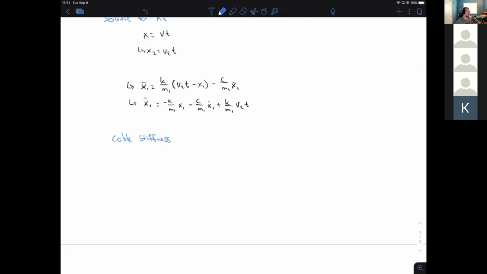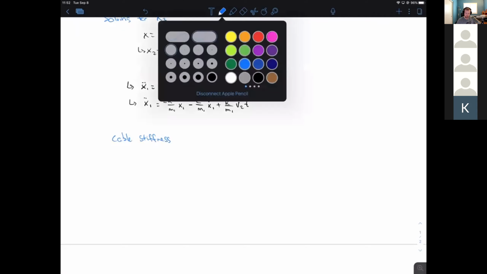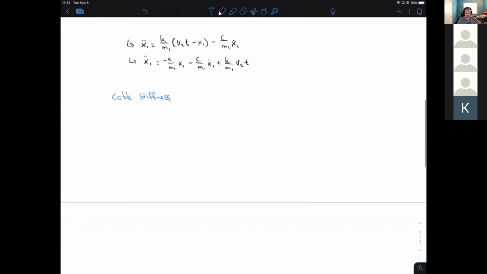That's going to be equal to negative kx, where k, that's our cable stiffness, and x is the deformation of some cable. Okay, so we'll do the sum of the forces equals minus kx. And then we can solve for k equals minus F over x.